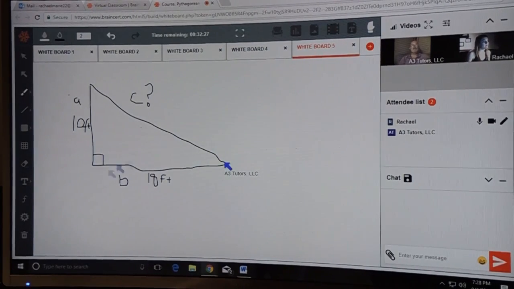A squared plus B squared equals C squared. Do you want to write that formula up here for me real quick? We'll just use that as a guideline. It looks good, better than mine.